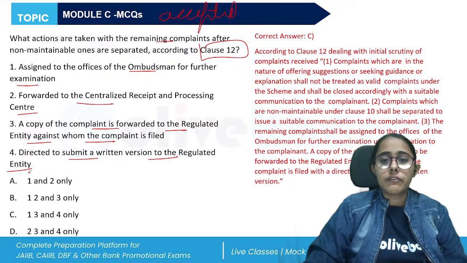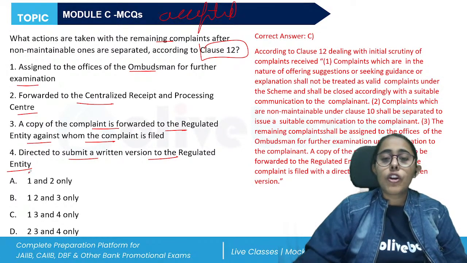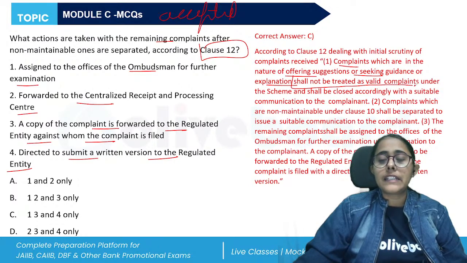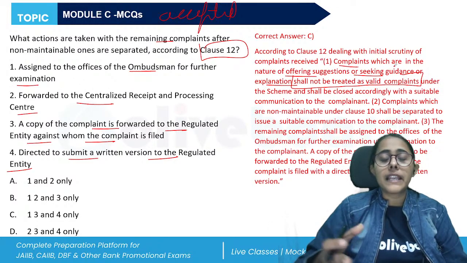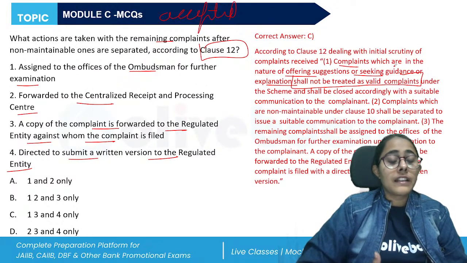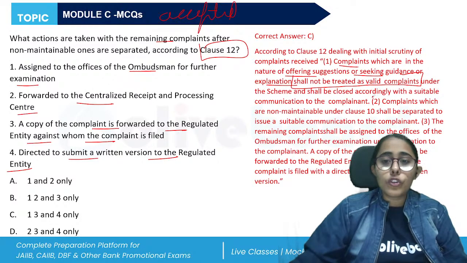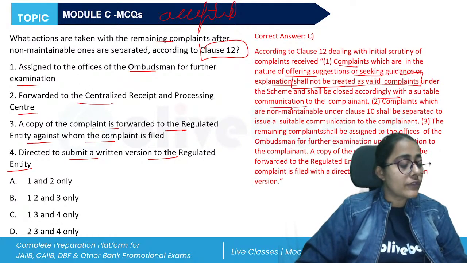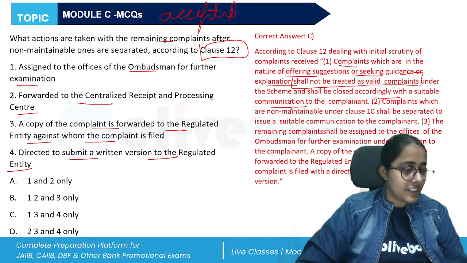So according to clause 12, complaints which are in the nature of offering suggestions or seeking guidance or explanation shall not be treated as valid complaints. So if the complaints are seeking advice, if they're not actually related to any grievance of the customer, then they shall not be treated as valid and they shall be closed accordingly with a suitable communication to the complainant, explaining why the complaint has been rejected.